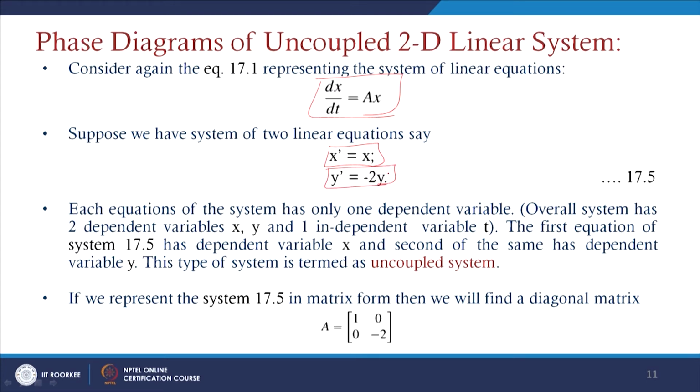Each equation of this system has only one dependent variable, since it is written as dx/dt = x and dy/dt = minus 2y. So x and y are dependent variables, and t is the independent variable.